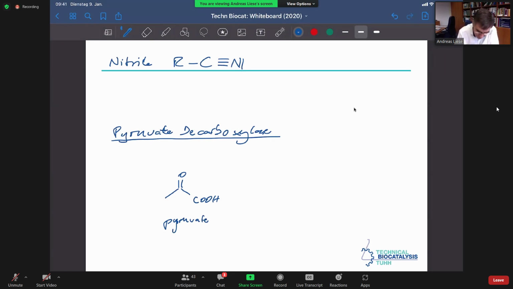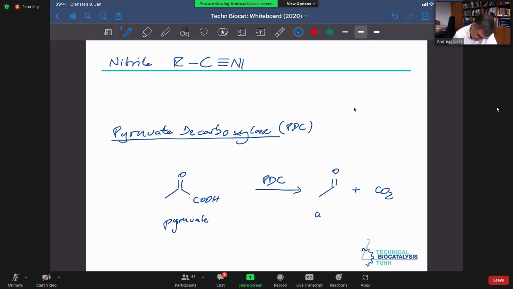Yeah, and pyruvate decarboxylase, which is abbreviated PDC, catalyzes the splitting off of the carboxylic function, so that we generate out of this acetaldehyde plus carbon dioxide.